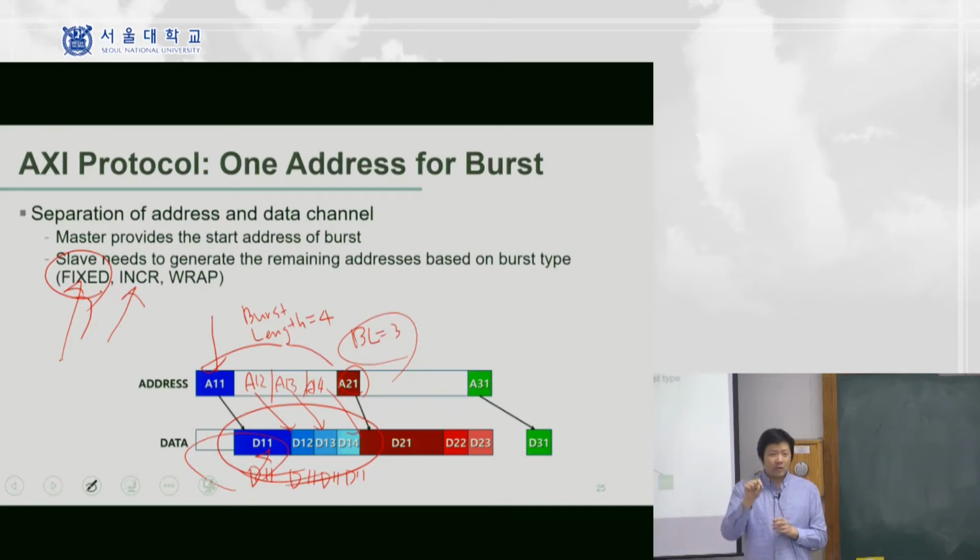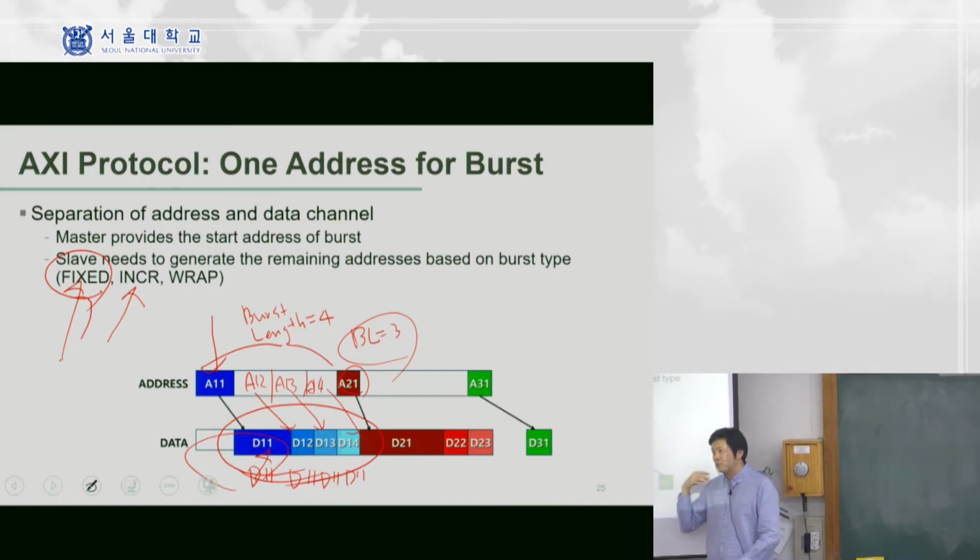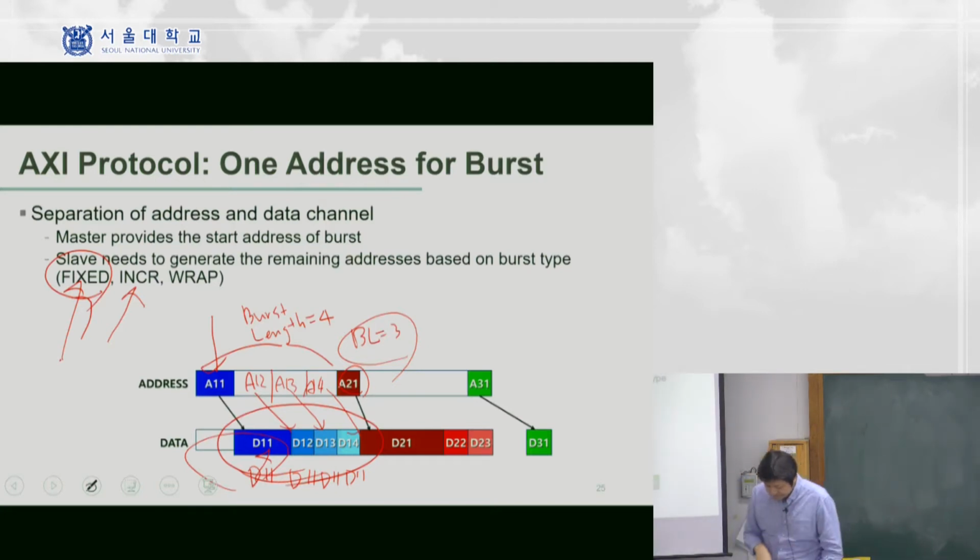Say that location is memory mapped I/O, and you read a value which is updated by some IP, maybe a timer. If you read it four times consecutively, the timer value will change. So even though they read from the same location, the value will be different. That's one example.